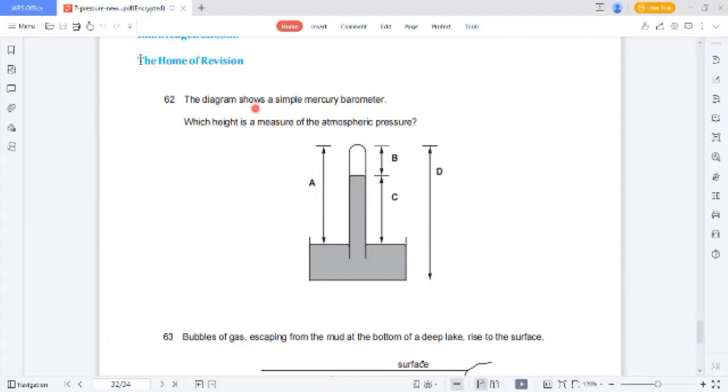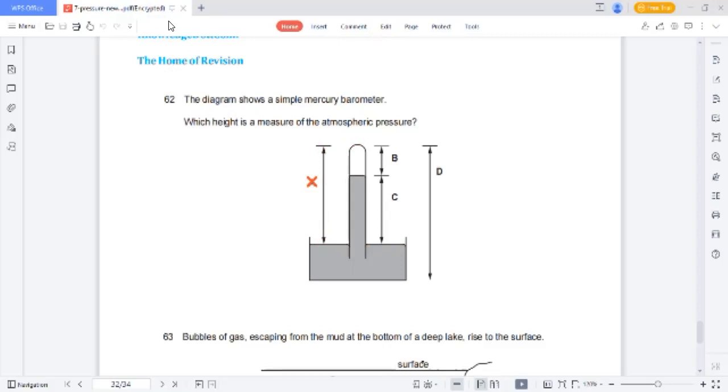The diagram shows a simple mercury barometer, whose height is a measure of the atmospheric pressure. We know that this starting point is fine, but it goes till here, which contains some vacuum region. So that's why this option is incorrect.